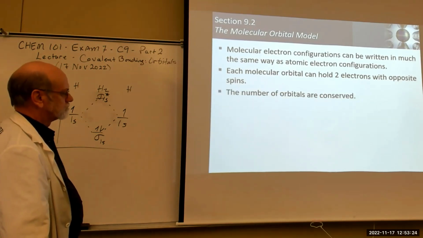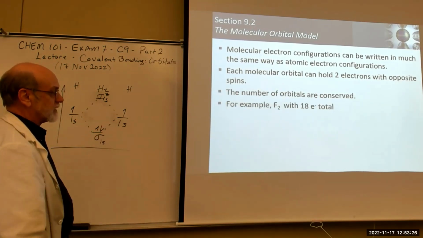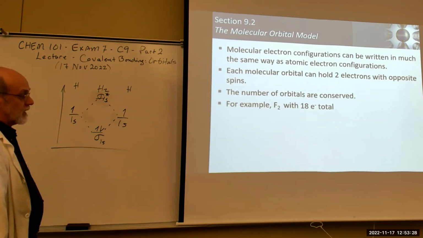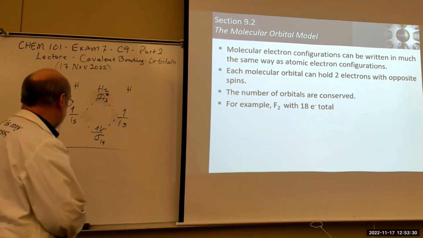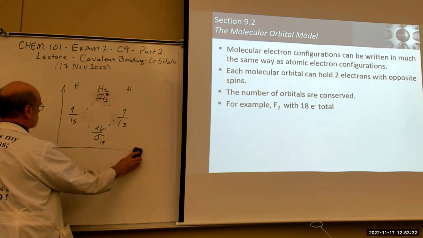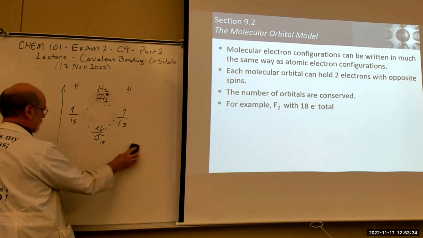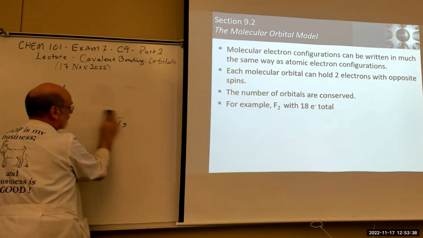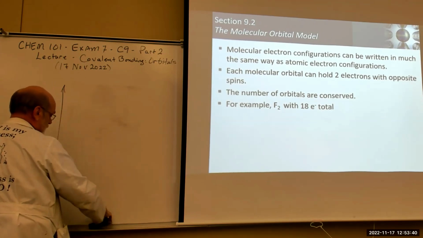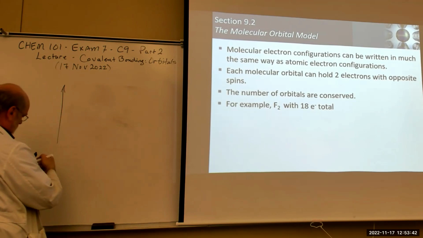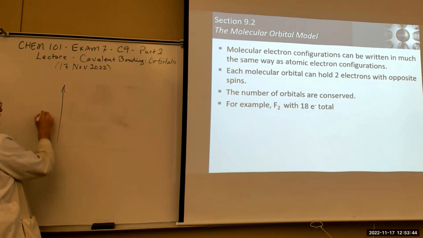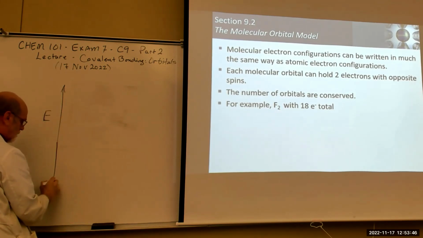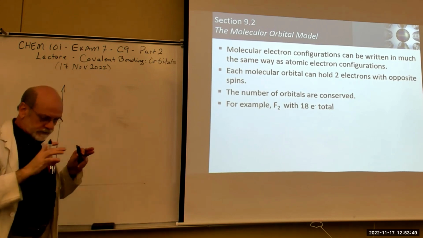There we go. It's just saying the obvious. Orbitals are conserved. So for F2, let's see, I might need a little more space for that because it's got more valence. And this is the energy axis I've got right here.